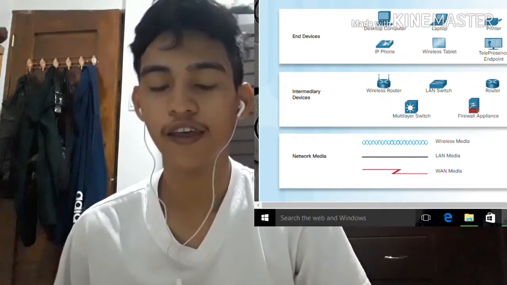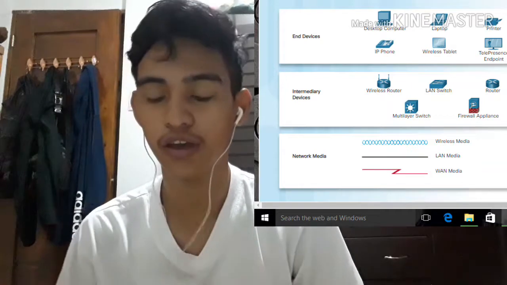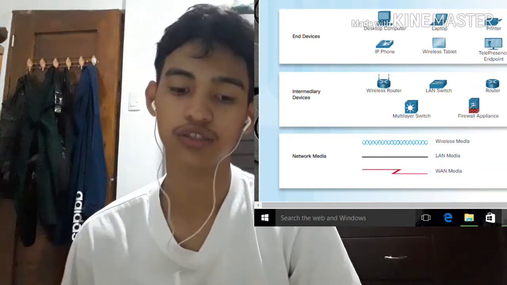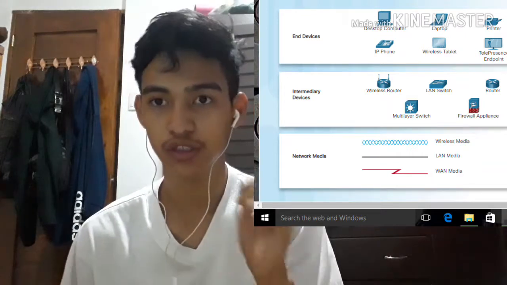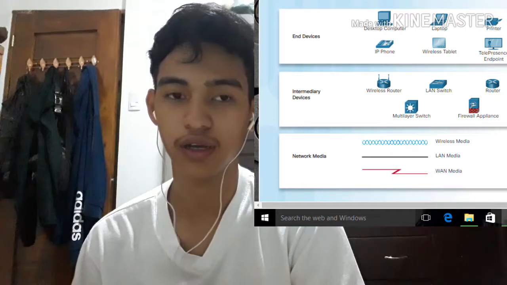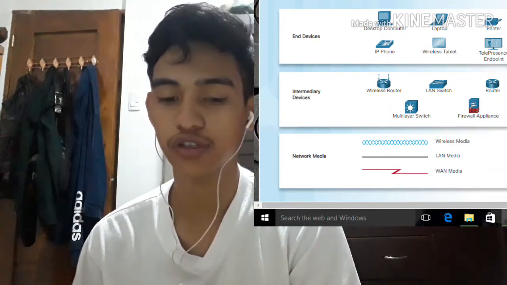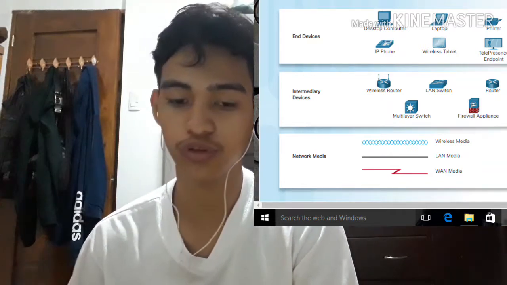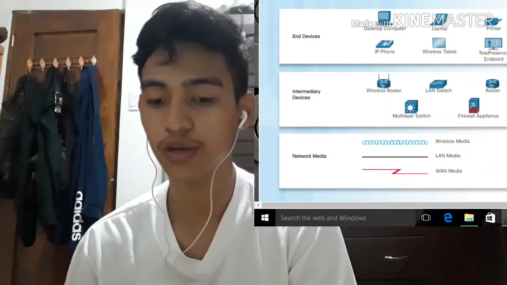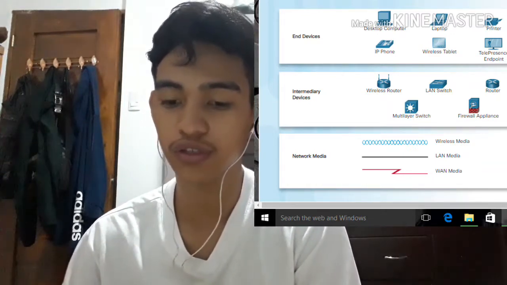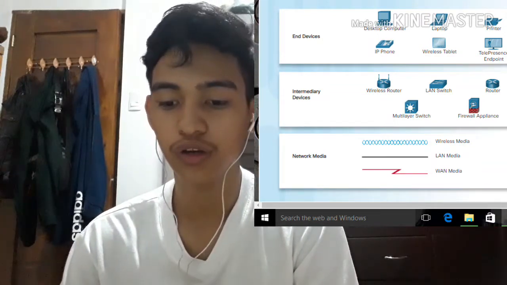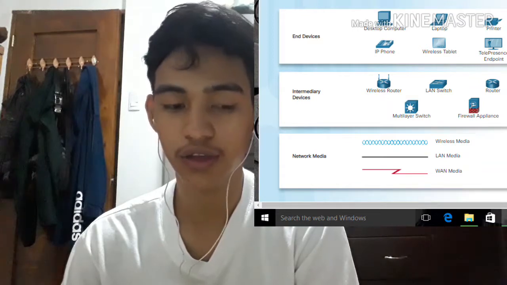Okay, the diagram you see up there has three layers. First is the end devices, which are PC or personal computer, desktop computer, IP phone or cellular phones, laptop, television or other monitors, printer, wireless tablet.